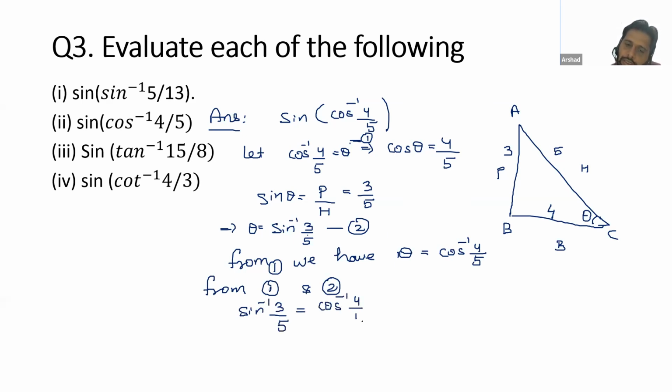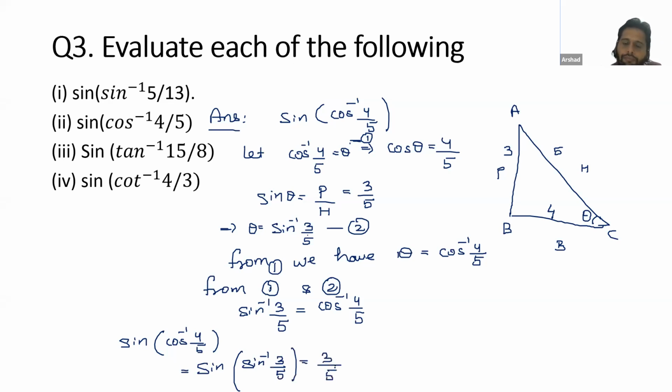Now the actual question is sine of cos inverse 4 by 5. We can solve this by this method. In place of cos inverse 4 by 5, we can write sine inverse 3 by 5. So this is equal to 3 by 5.